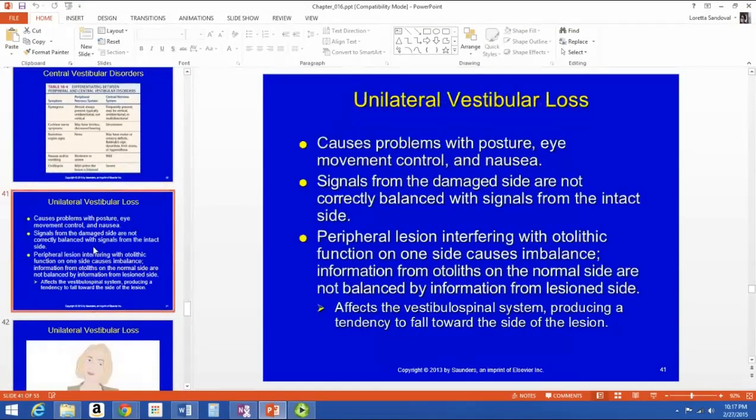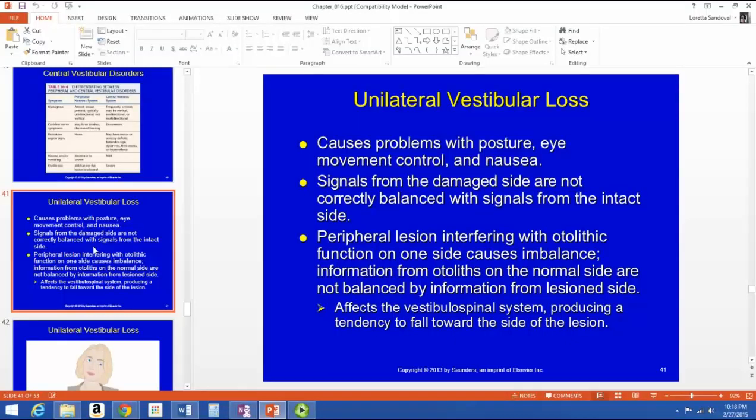So unilateral vestibular loss causes problems with posture, eye movement control, and nausea. Signals from the damaged side aren't correctly balanced with signals from the intact side in that usual reciprocal balance. So a peripheral lesion that interferes with otolithic function on one side causes imbalance because the information from the normal side isn't balanced by information from the lesion side.